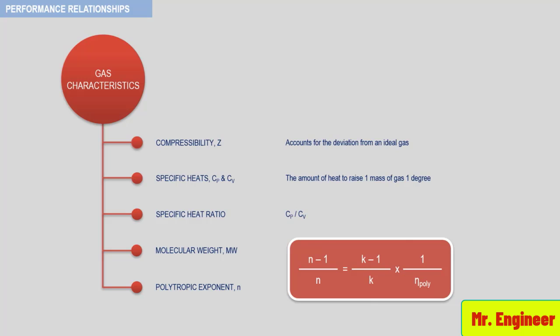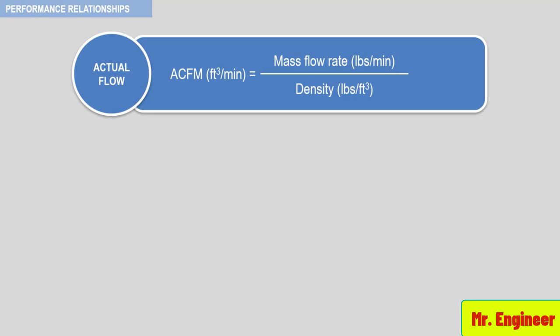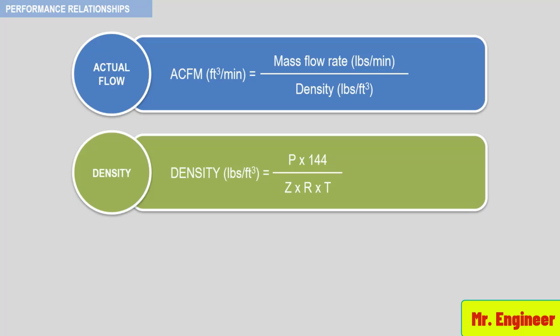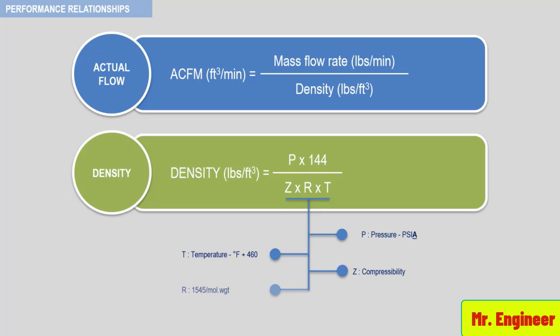Now I'm going to show you some useful relationships used in compressor calculations, as well as the definitions for the constants that are used. The actual volume flow can be calculated by dividing the mass flow rate by the density of the gas. The density of any gas can be calculated using the following equation, where P is the absolute pressure expressed in psi, T is the gas temperature expressed in Fahrenheit plus 460, Z is the compressibility factor, and the value of R is seen here.